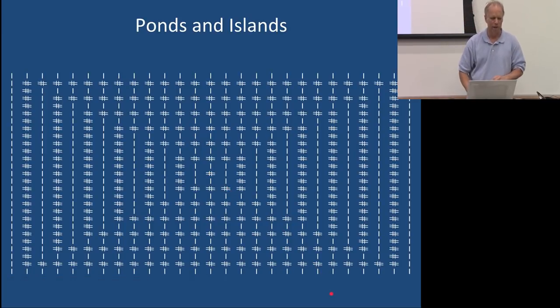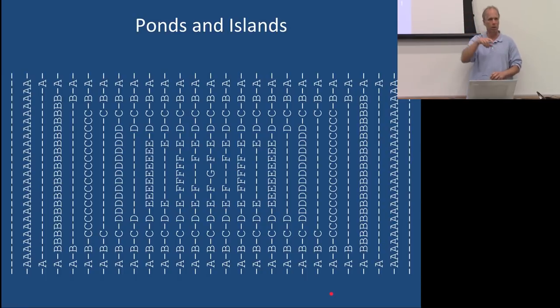And the output would look like that. So we got this outer A island that contains a B island, and so on. So we want to write a program to read in the one form and write out the other form. Now my assignment wasn't exactly like this. I don't remember the exact details, but the key to it was to identify the islands.